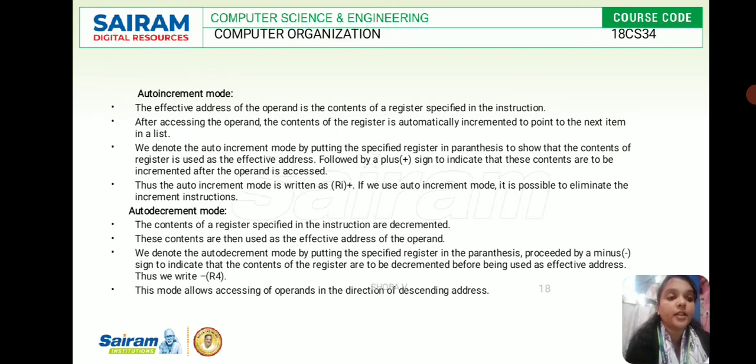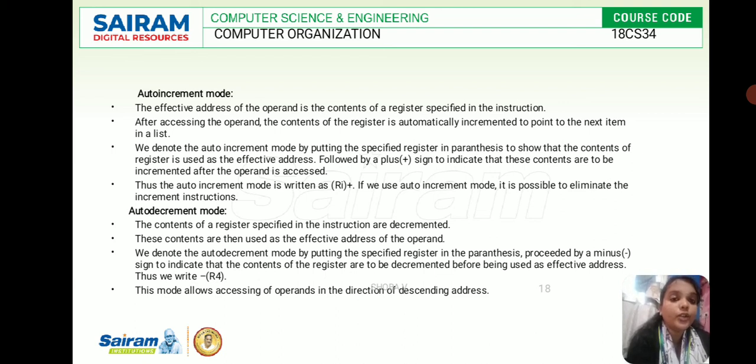Next, auto increment and auto decrement. For example, auto increment of a value 10 gives 11, and auto decrement of a value 5 gives 4. In auto increment, after accessing each operand, the content of the register is automatically incremented to point to the next item in a list. For example, if I give 8, the increment is 9.